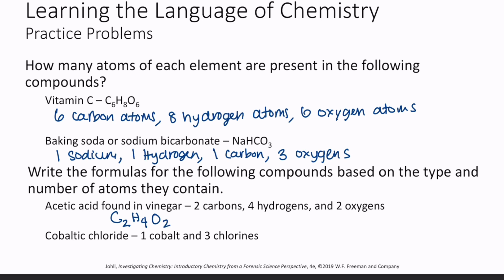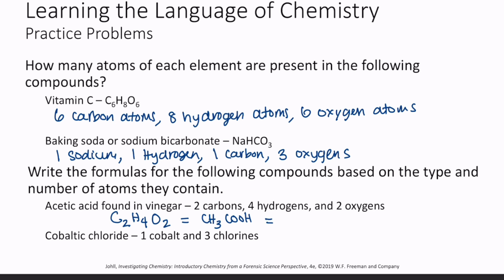Now, something that can be really confusing when you're first learning chemistry is this can be written in a number of different ways. So C2H4O2 can also be written as CH3COOH. That is also going to be acetic acid.